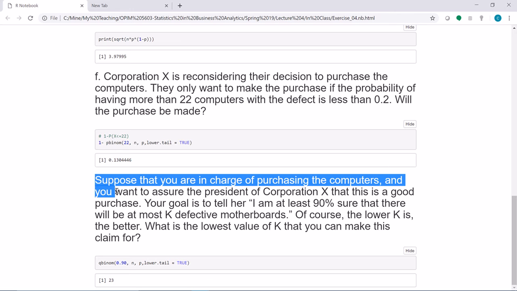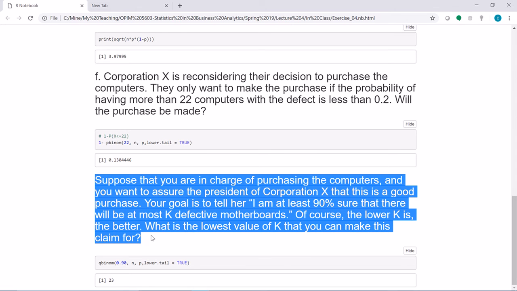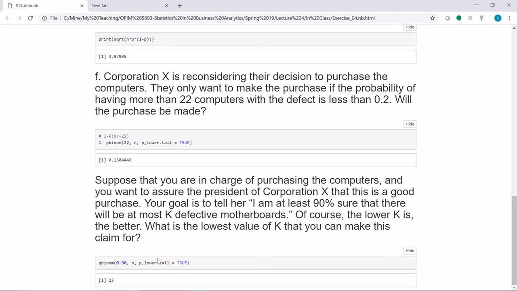Suppose that you are in charge of purchasing the computers and you want to assure the president that this is a good purchase. You're going to tell them, I'm at least 90% sure that there will be at most k defective motherboards. So the lower k is, the better it is. What is the lowest value of k that you can make this claim for? This needs you to use the qbinom function.